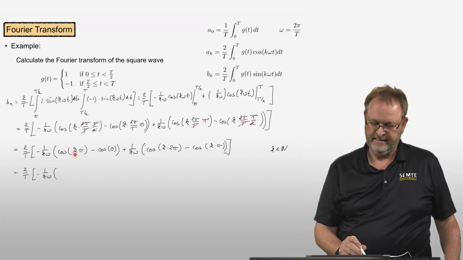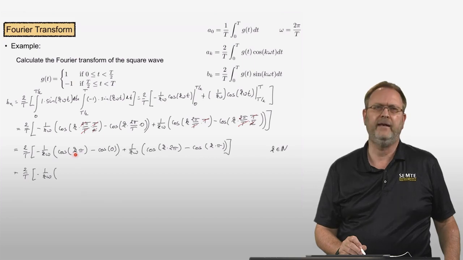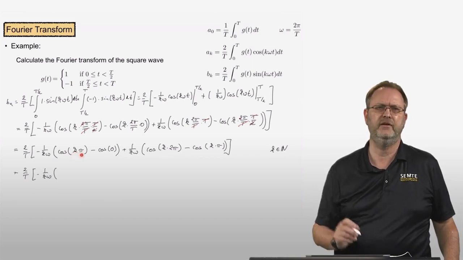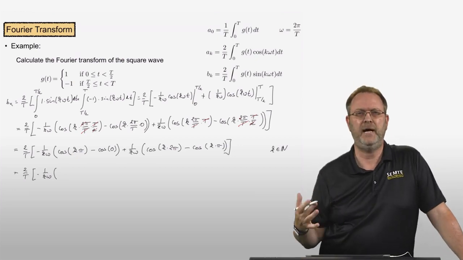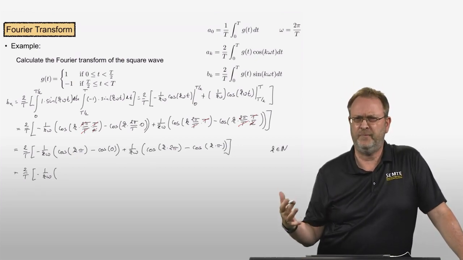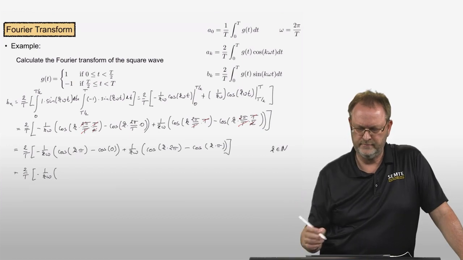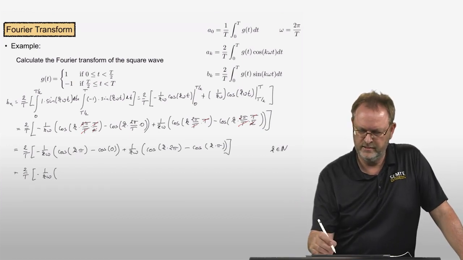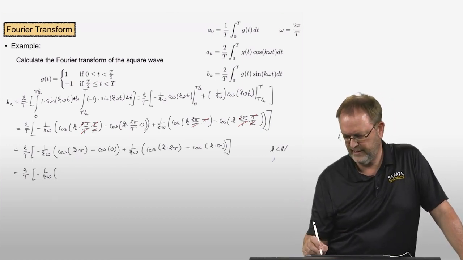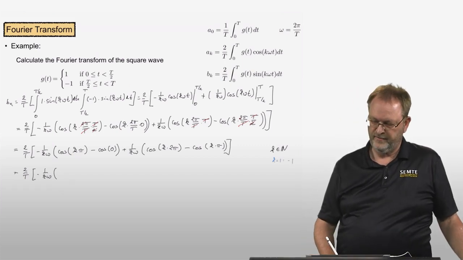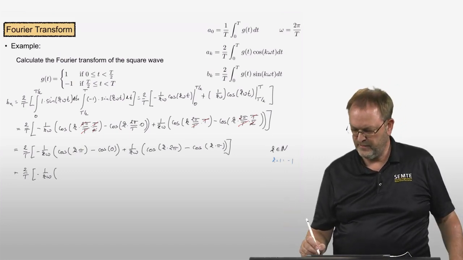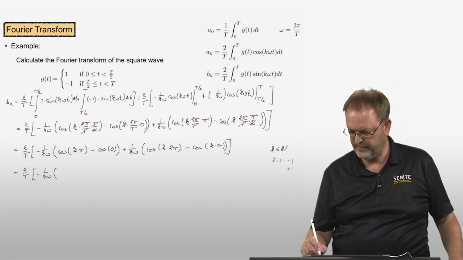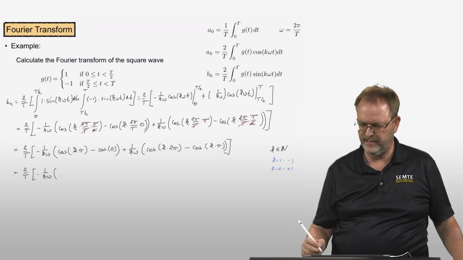If k is equal to 1, we have the cosine of 1 times pi, the cosine of pi. The cosine of pi is minus 1. I'll just keep track here. So if k is equal to 1, I have minus 1 for this term. If k is equal to 2, I have the cosine of 2 pi. That would be plus 1.